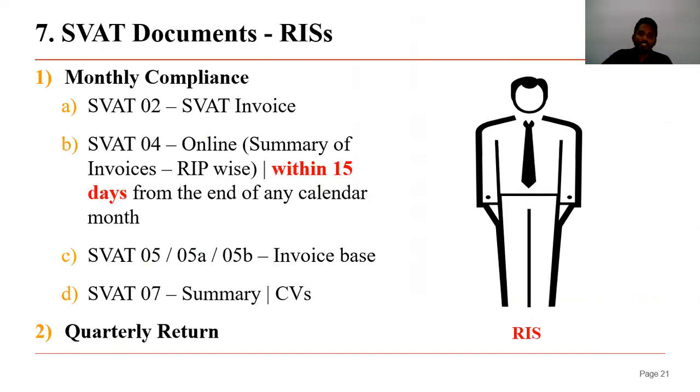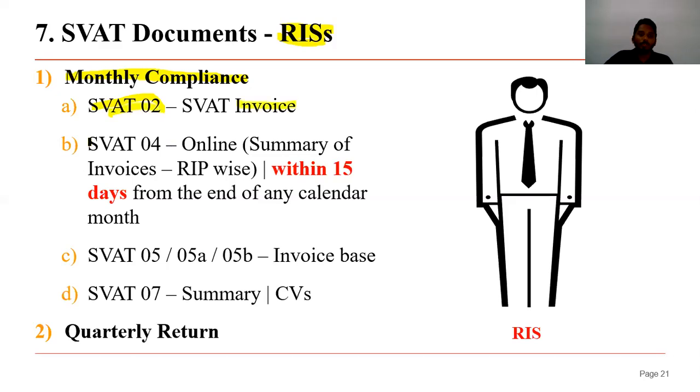This is the Gazette notification, and here is the summary. If you register as an RIS, these are the compliances you need to do. First, they are bound for monthly compliance. They are required to issue the SVAT 2, the SVAT invoice.